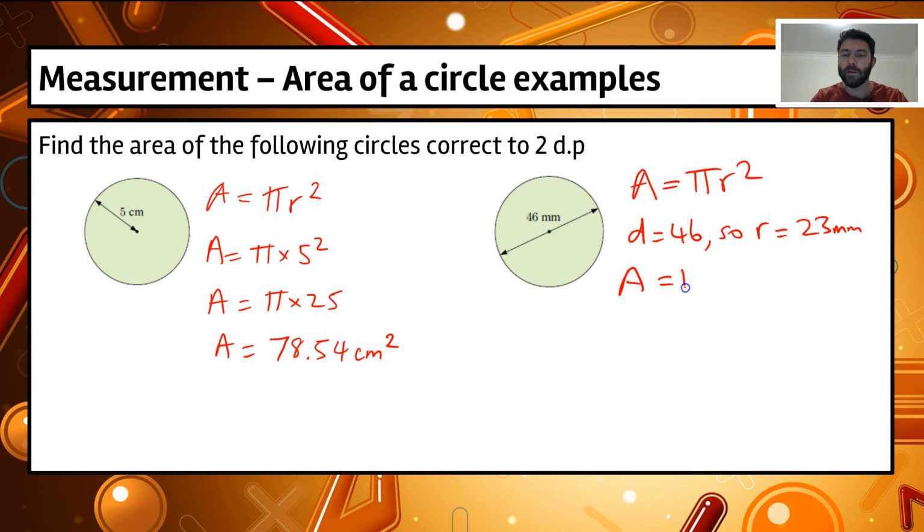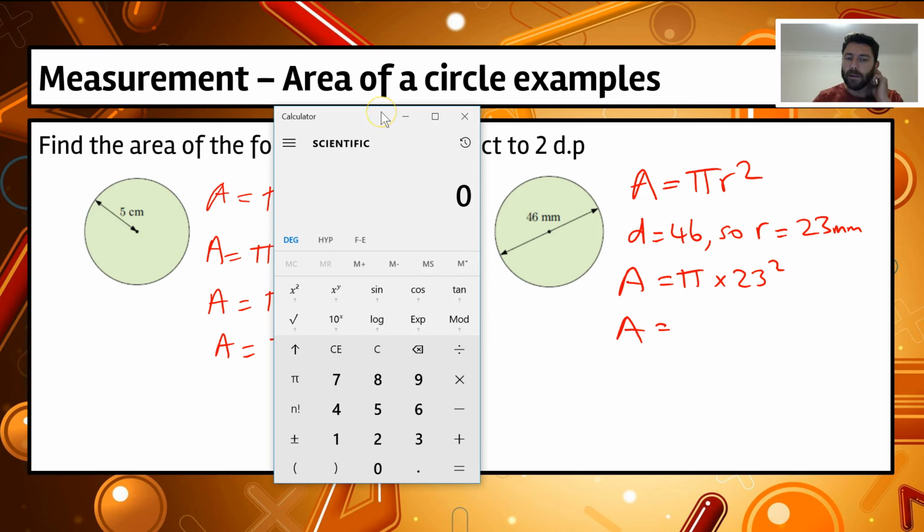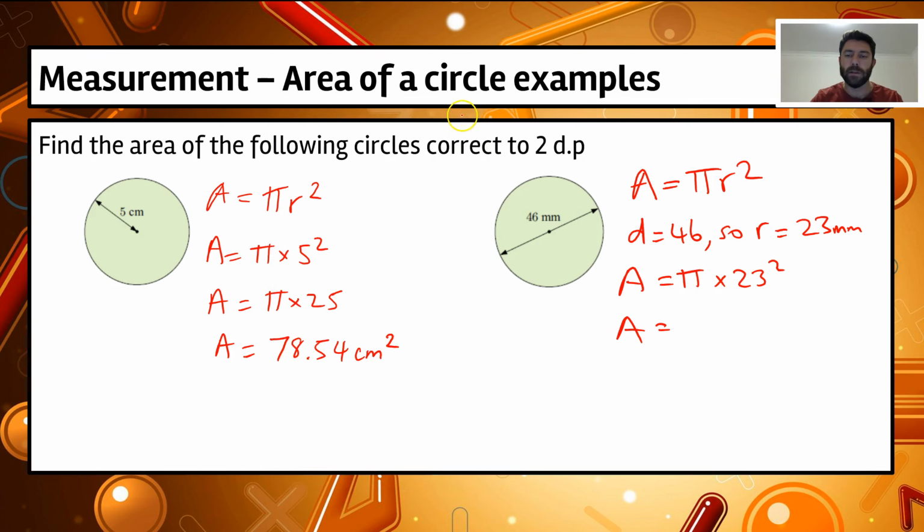Therefore, area equals pi times 23 squared. Now here we can go straight using our calculator to the answer, because 23 squared is going to be a really large number. So if we get our calculator out, drag it across here. So we've got pi times 23 squared equals 1,661.902, so it stays as 1,661.90, and that's millimeters squared.